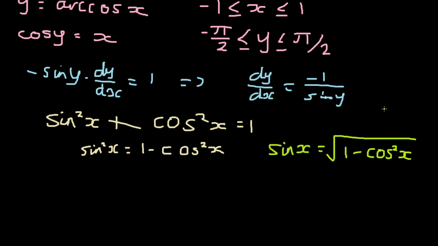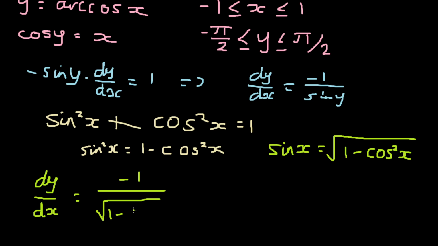Let's substitute this in here. So we get that dy by dx is equal to -1 over the square root of 1 minus cosine y squared. What is the cosine of y?